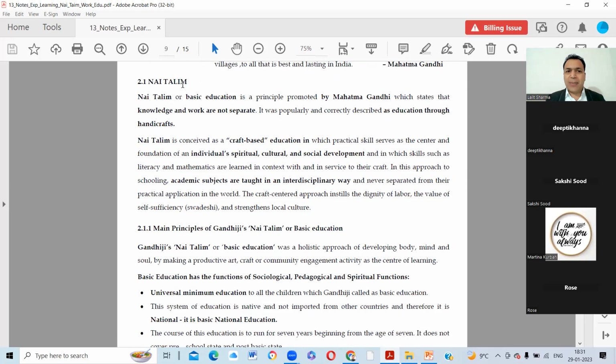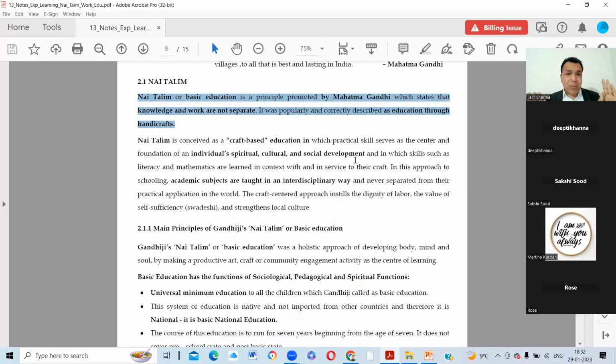So what is Nai Talim basically? Nai Talim or basic education is a principle promoted by Mahatma Gandhi, which states that knowledge and work are not separate. It was popularly and correctly described as education through handicraft. Nai Talim is talking about the teacher teaching the student with the help of handicraft.